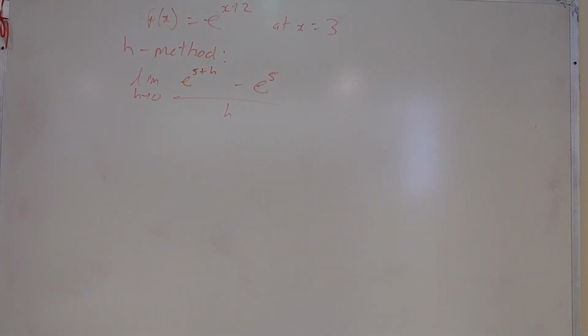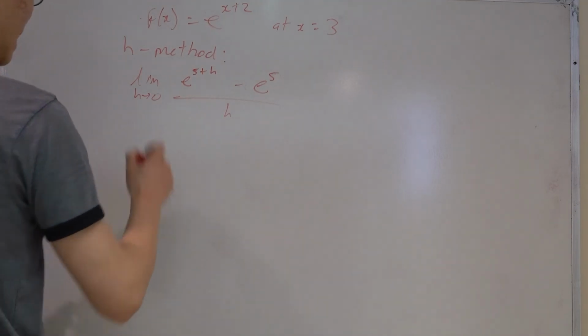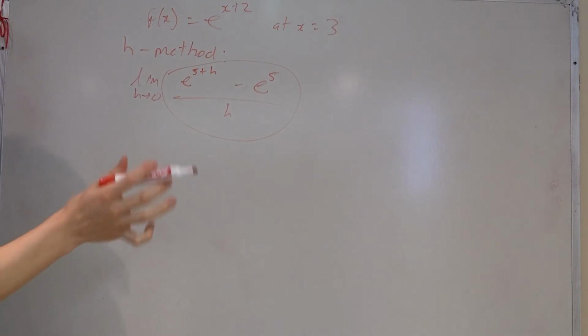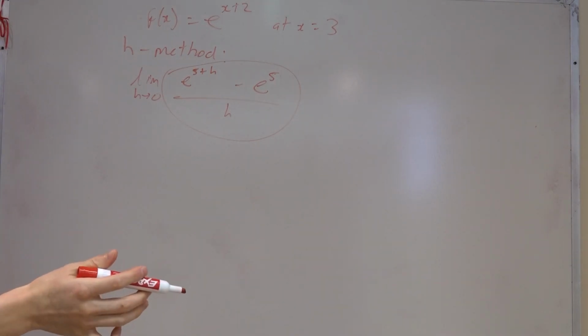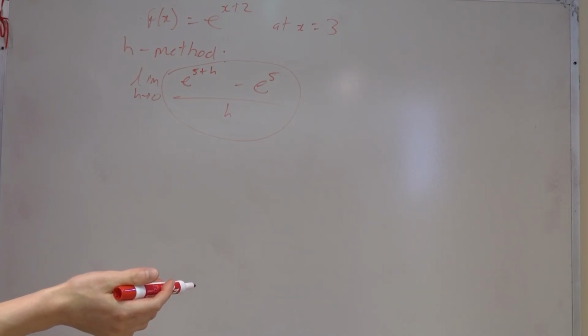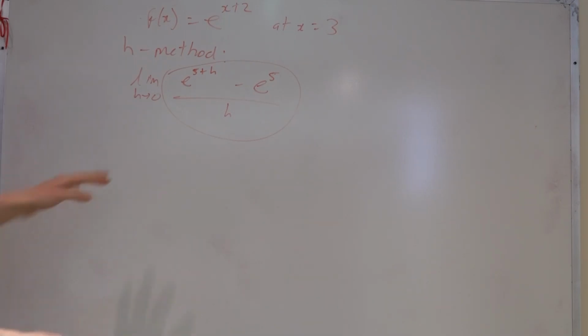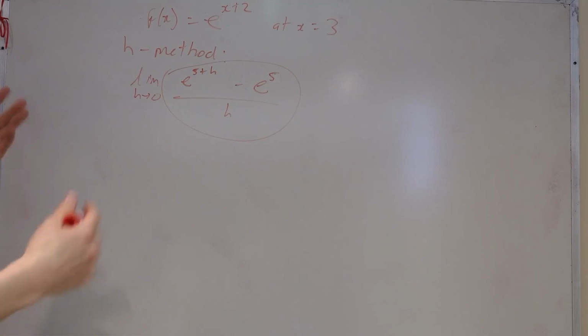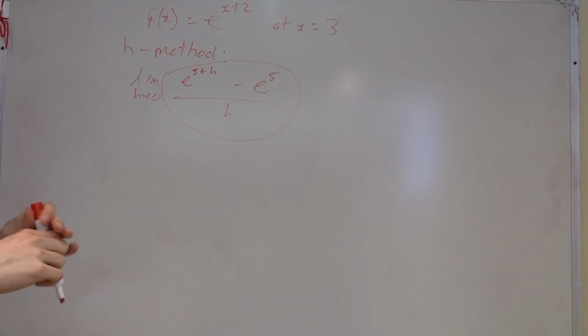Okay, so this is our expression. There's not really a nice way to simplify it. You can, but it's not going to make your life a whole lot easier, to be honest. So let's just stick with this for now. This will get you some good practice using your e button.